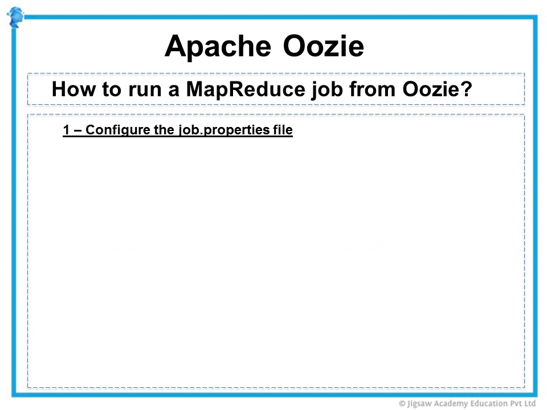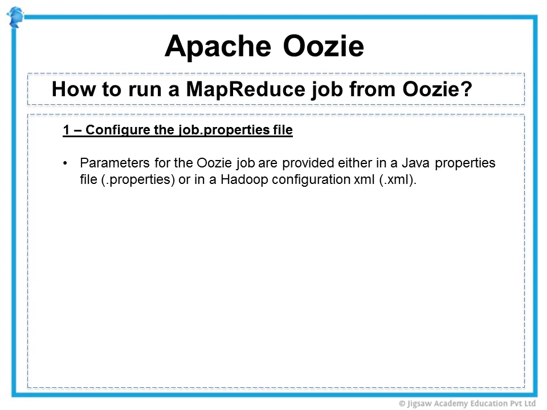The parameters for an Oozie job are provided either in a Java properties file or in a Hadoop configuration XML. In our example, we will use a .properties file. Here you basically specify the essential parameters needed for running the workflow as variables in this particular file, and these variables will then be accessed in the workflow XML of your Oozie job.